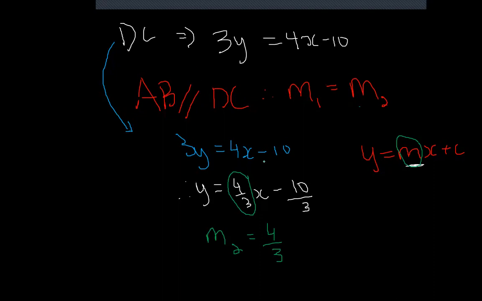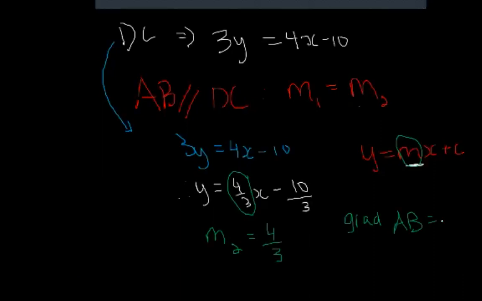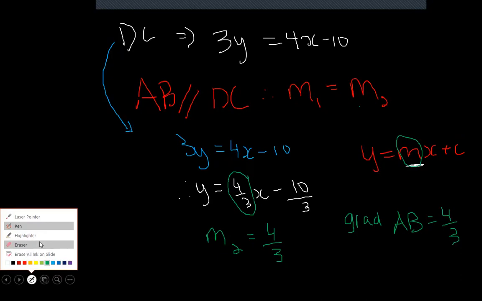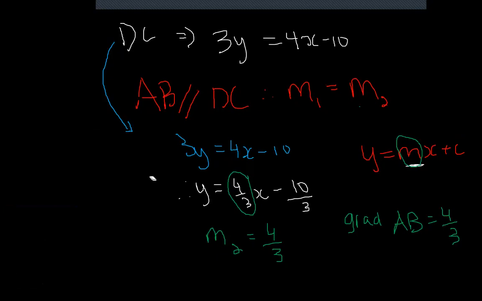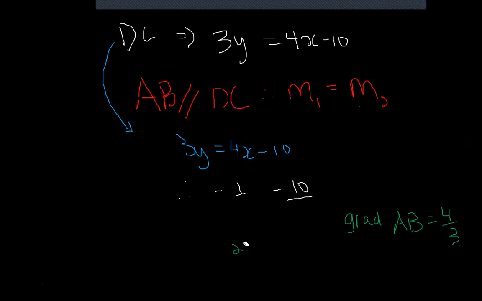AB and DC are parallel, so the gradient of AB is also equal to 4 on 3. We good with that, right? If you're not good with that, let me know. Check the chat.